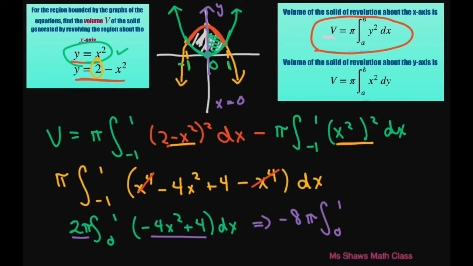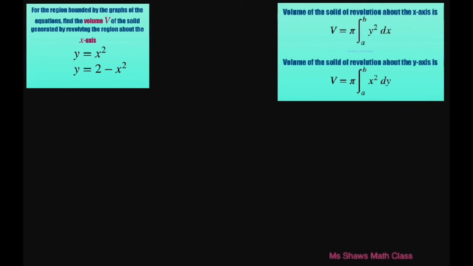And let's see what we'll get. We'll get x squared minus 1 dx. And so from here we can integrate, and that's going to give us negative 8 pi times 1/3 x cubed minus x, evaluated from 0 to 1.